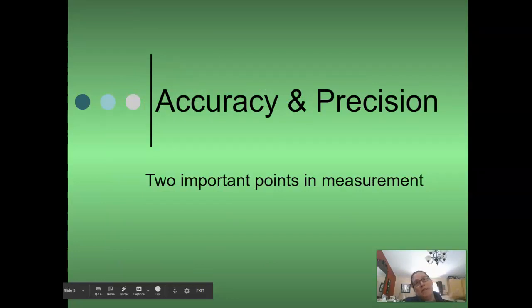Accuracy and precision. So this really does relate to the numerical data that we're going to be collecting and collected in the cylinders lab. And it's important that you understand the difference between them so that when I'm asking you to describe the data, you have different ways to do so.